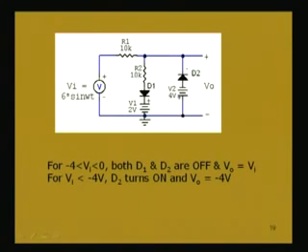When the input voltage is in the negative half cycle, until its magnitude exceeds 4 volt, D2 will not conduct. When the negative voltage has a magnitude greater than 4 volt, this diode will be conducting, since this point is at a higher potential than this point in the negative half cycle.